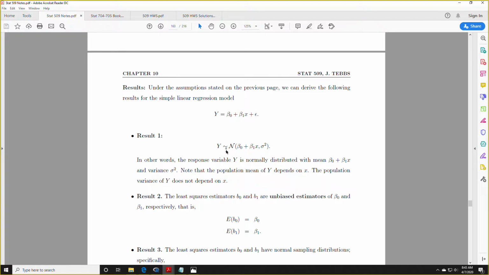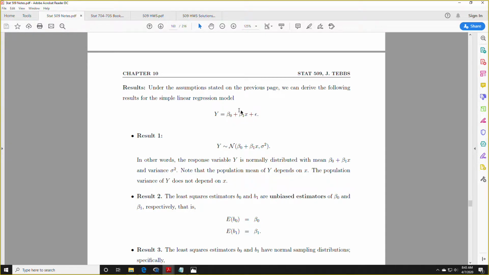Okay, so with these assumptions on the random error term, this is our model. And again, these are just constants, parameters, just constants. And then x, as I've said, we treat the predictor variable as just constants, because we observe it from a data set.